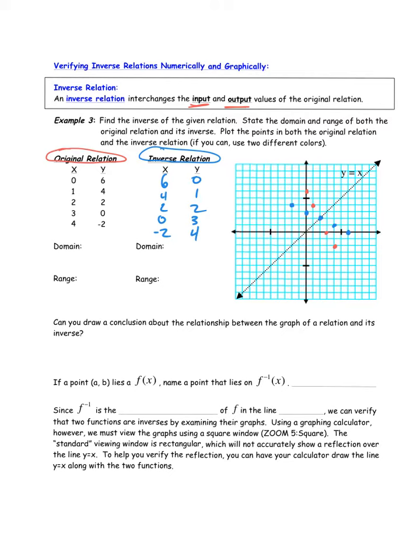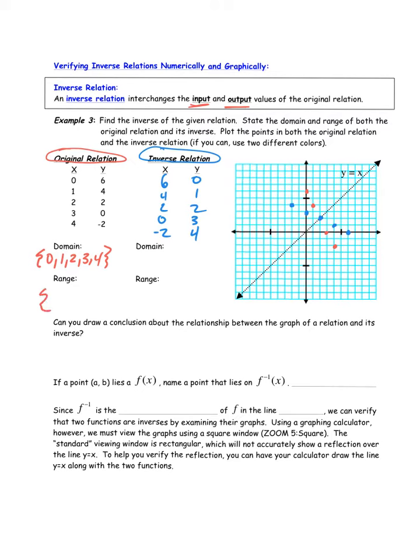And let's go back and state the domain and range for the original and inverse relations. The domain of the original relation is simply the set of x values, so 0, 1, 2, 3, 4. And the range is the set of y values.